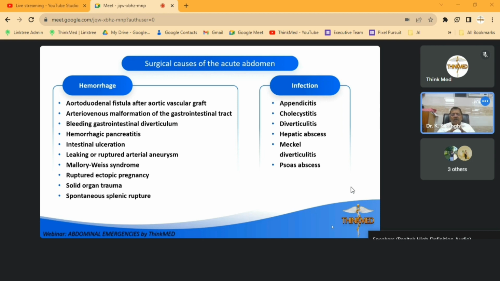In hemorrhage, there can be hemoperitoneum, but the most important will be unexplained sudden anemia. Whereas in infection, there will be no sudden anemia. There will be features of infection like fever and features of toxicity.